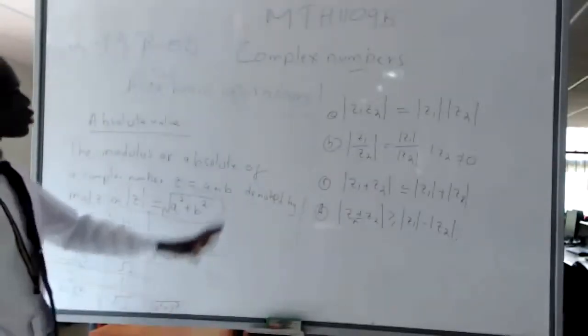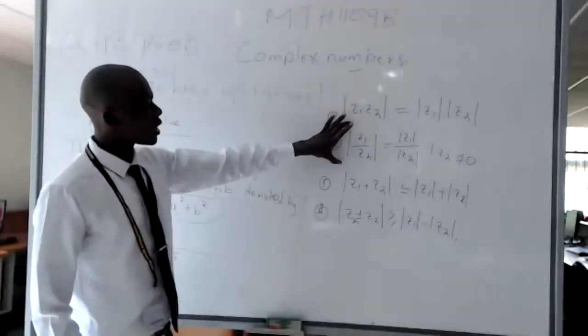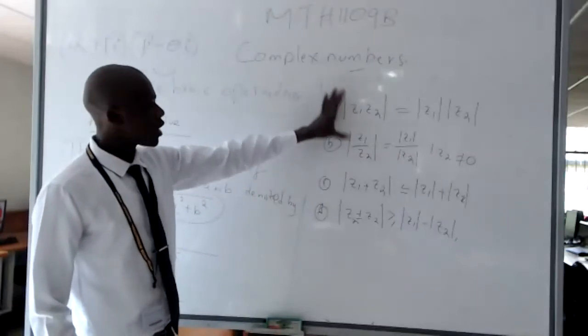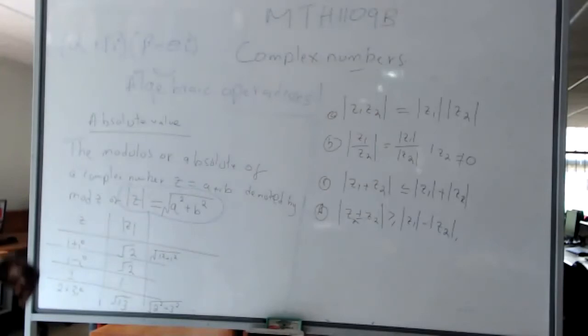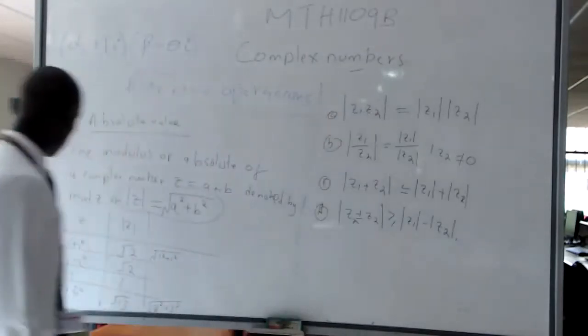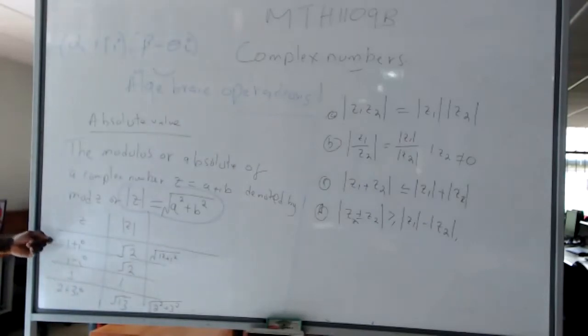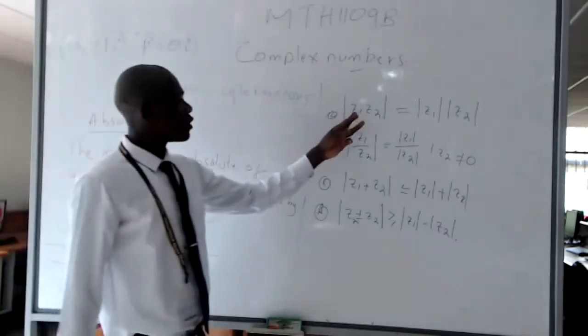You can take particular examples and prove these. I don't want to take you through the pain of proving this, but there are mathematical arguments to prove this. Some of them are presented in the class notes. But if you want to check this, for example, just take your Z1 to be 1 plus I, take Z2 to be 1 minus I. Then try to find absolute value of the product.